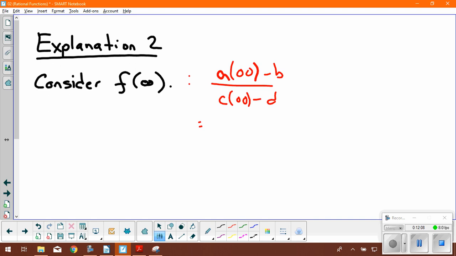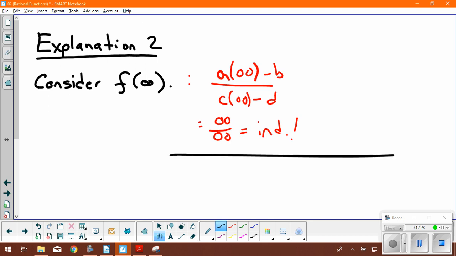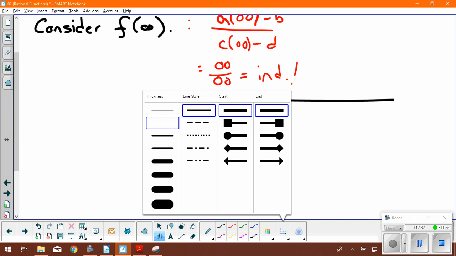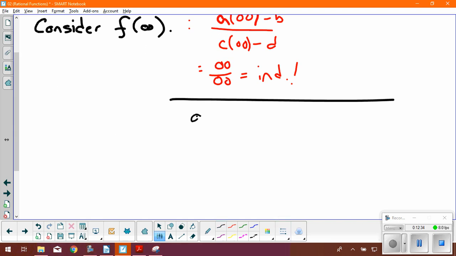Okay, from our rules, a is a constant, and so is b. So a times infinity is infinity. Take away b is still infinity. Same with the denominator, infinity. So infinity over infinity. Okay, it's indeterminate. Okay, doesn't work. So the trick we're going to use is at the very beginning, I'm going to take my rational function and I'm going to divide everything by x.